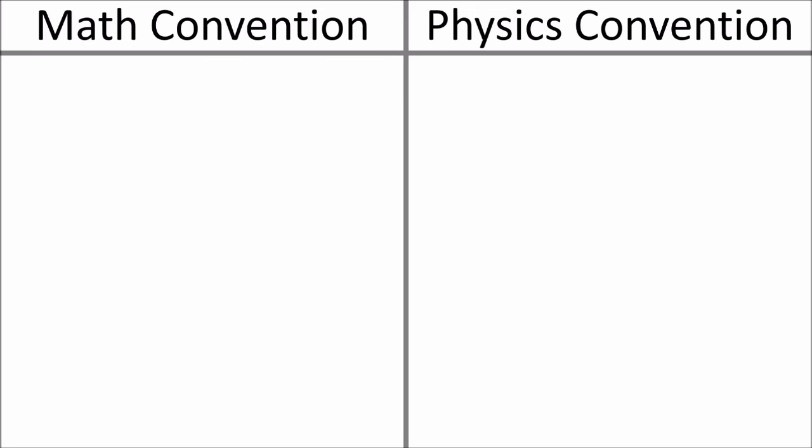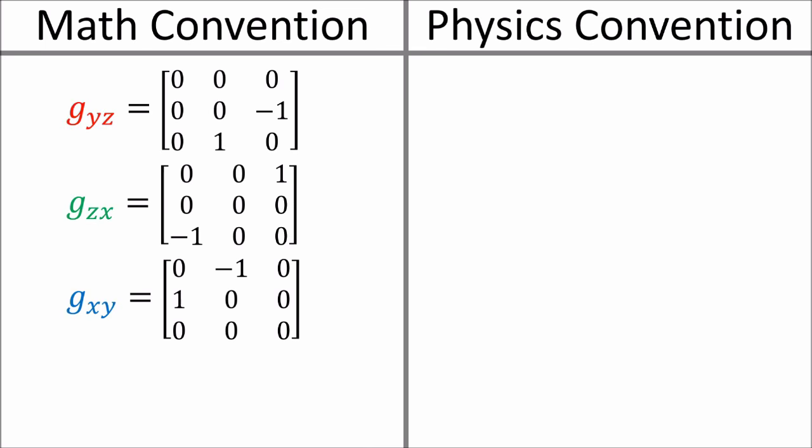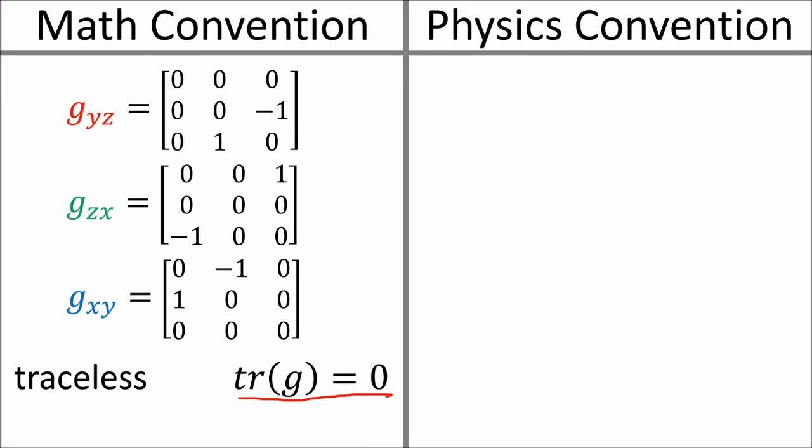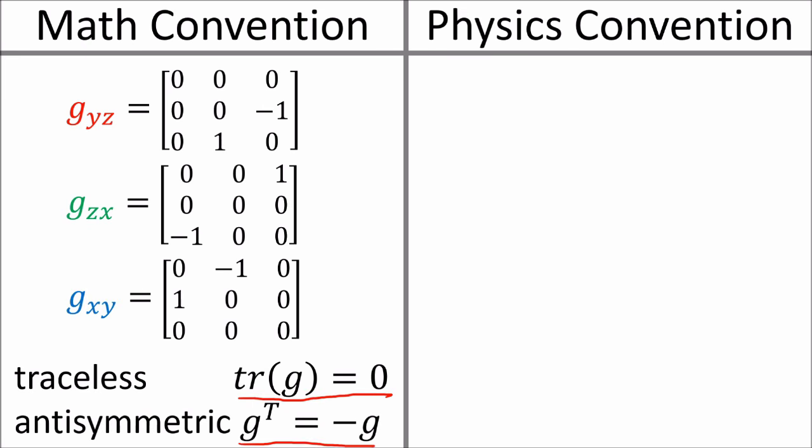Depending on the textbook you read, you might see that the generators I've shown for rotations and boosts look a little different, depending on whether they follow the math convention or the physics convention. In this video, I follow the math convention, where the generators of 3D rotation matrices are traceless and anti-symmetric.